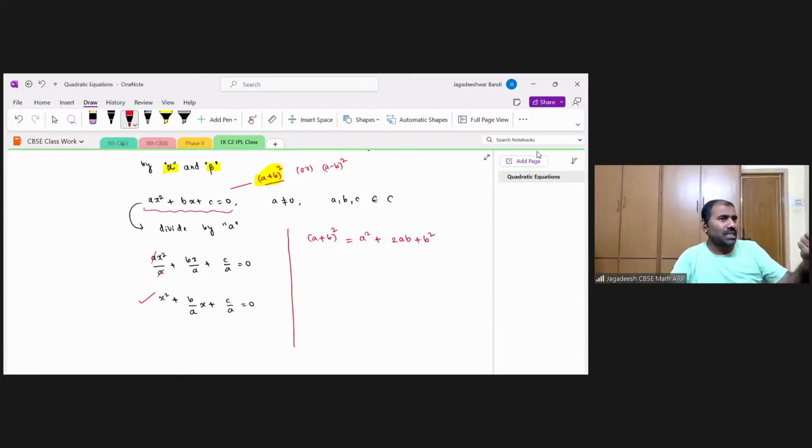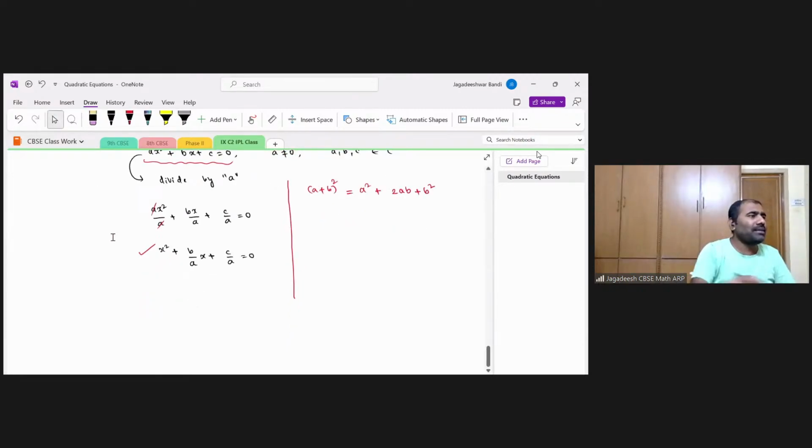Means if the equation we got at the last stage is written in this form, then we can write it as (a plus b) whole square. So to understand that very clearly, let me write a square plus 2ab plus b square here only.